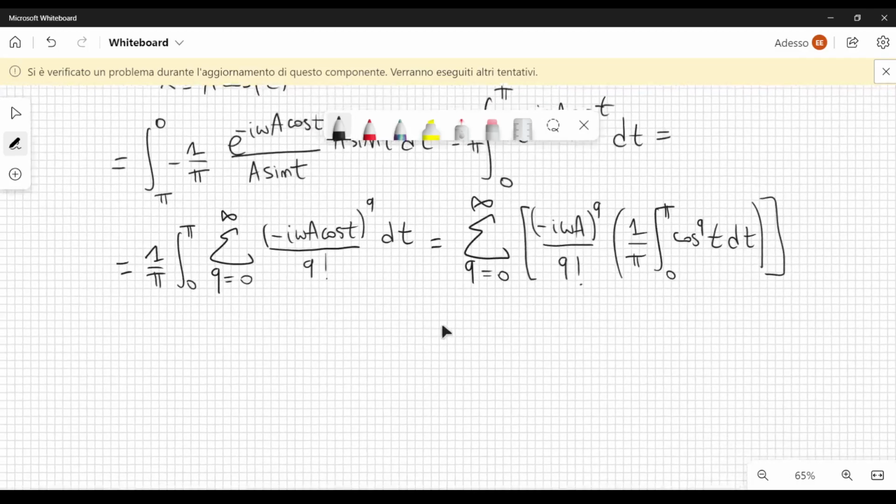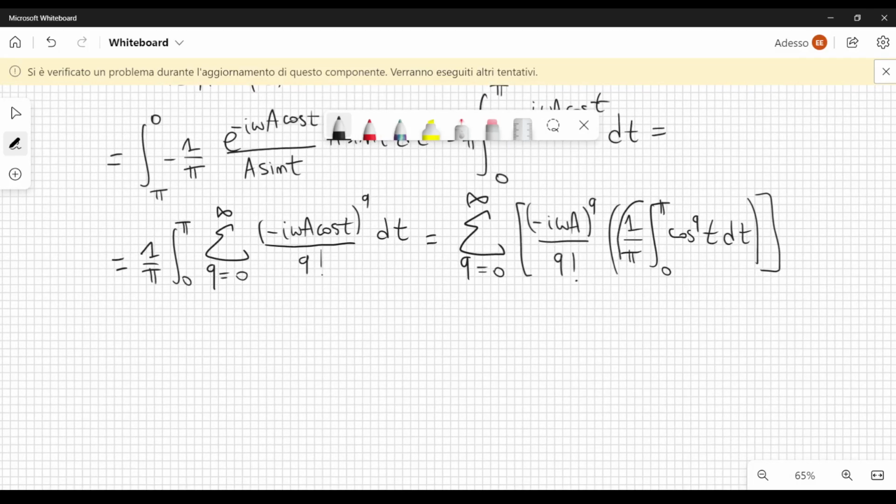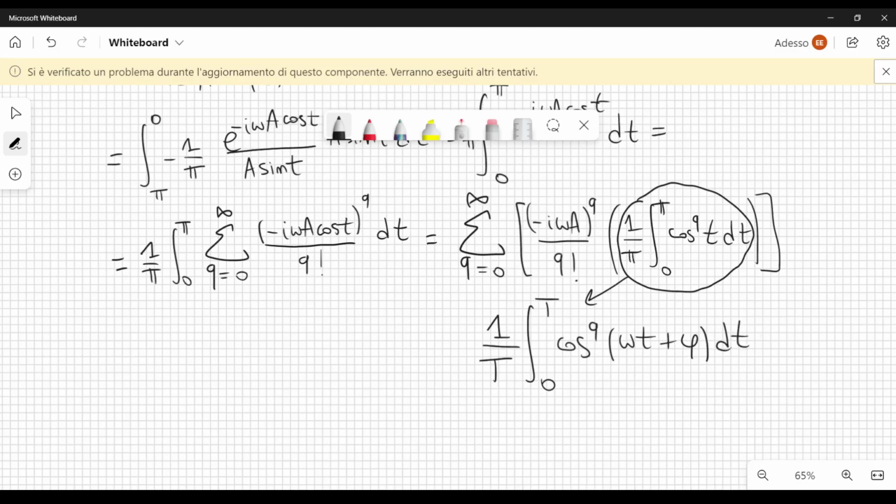Now we are going to evaluate this integral here by making use of the formula that we derived in the previous video. In the previous video, I have derived this formula, 1 over capital T integral from 0 to capital T cosine to the power q of omega t plus phi dt.